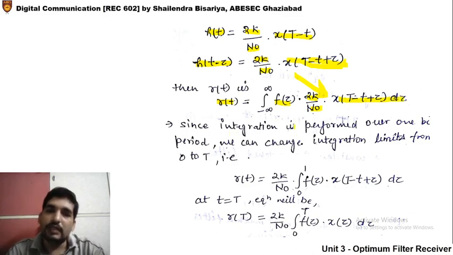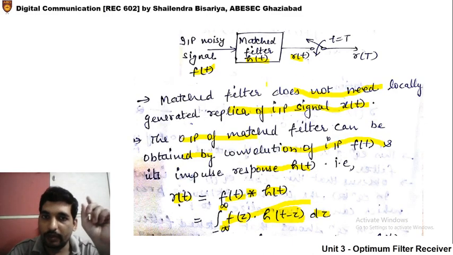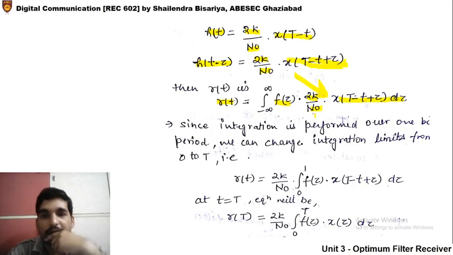Since integration is performed over one period, t equal to capital T, we can change the integration limits to 0 to capital T. So r(t) equals 2k by n0 times the integral from 0 to T of f(tau) x(T minus t plus tau) d tau.